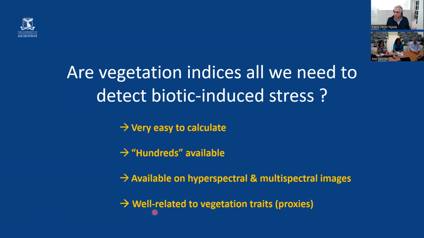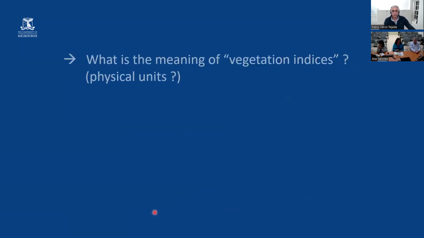They are proxies that work generally well if we are interested in detecting the symptoms or the effects of pathogens, but as well if we are interested in monitoring, for example, nutrient deficiencies or lack of water inducing water stress, or any other changes in growth.